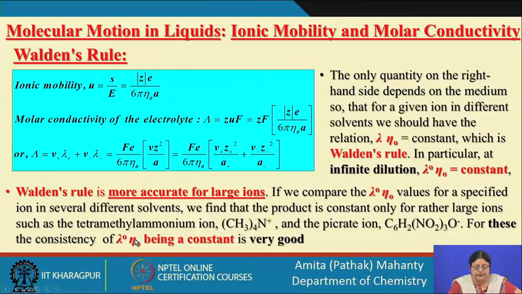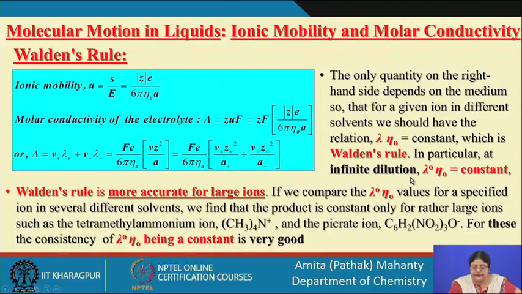What are we looking into? We are trying to see Walden's rule, which states that the product of lambda, the molar ionic conductivity at infinite dilution, into the viscosity coefficient of the solvent is constant.